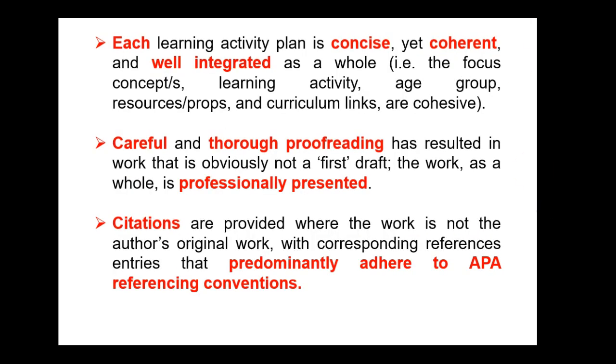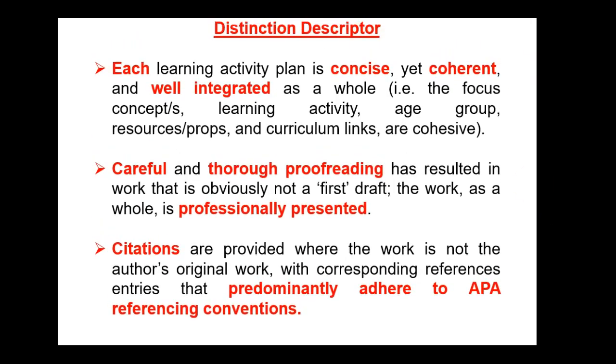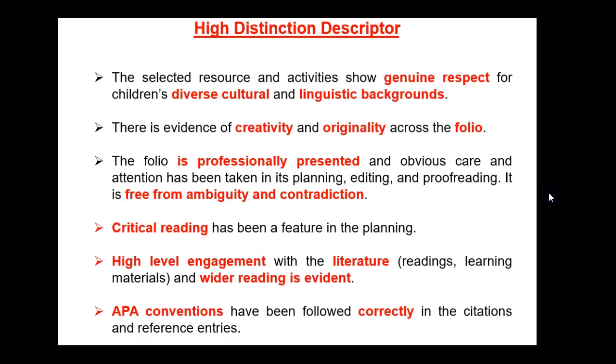If we go over to our distinction descriptor here, you can see that more is required as we move through. You're looking for the proofreading to come in. It's professionally presented. There's lots more work that has gone into it. So that's our distinction descriptor, and here's our high distinction descriptor.